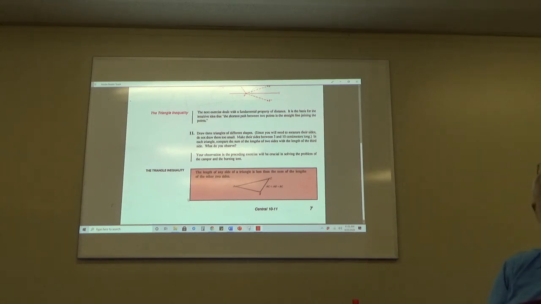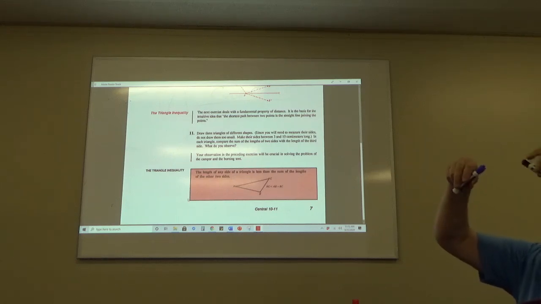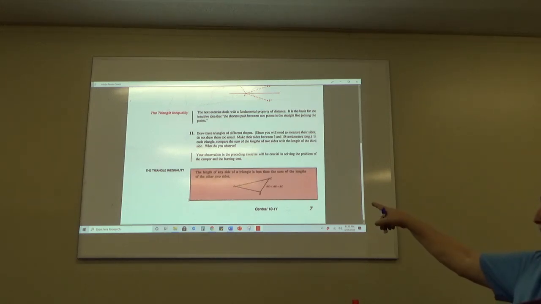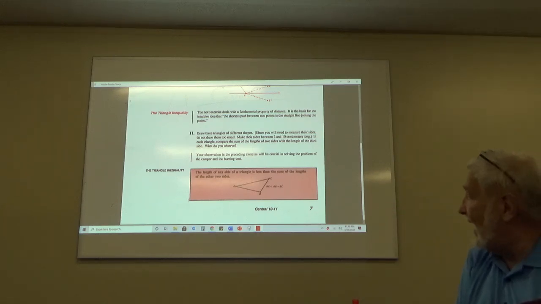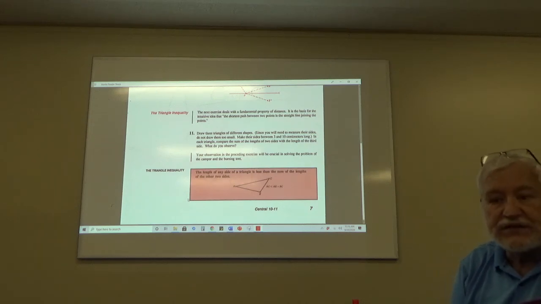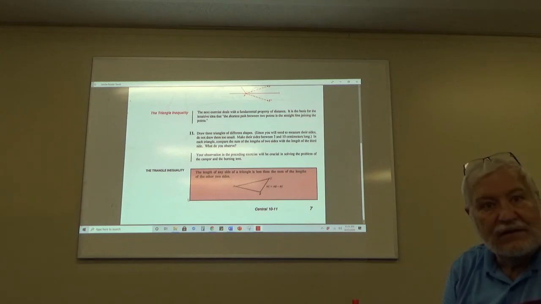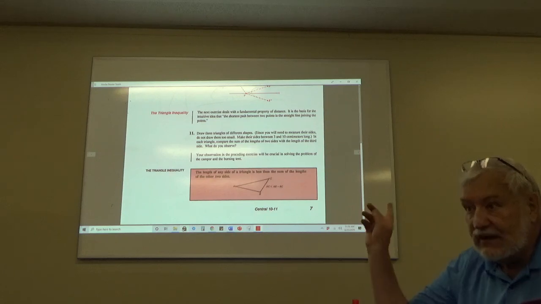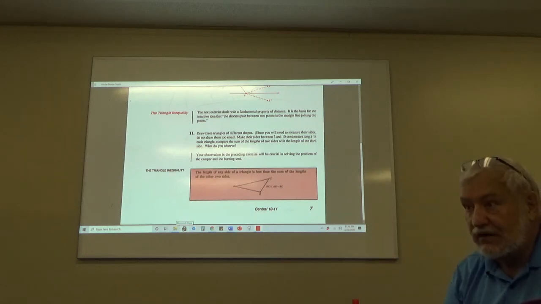The longest side of a triangle has to be shorter than the two shorter sides added together, otherwise you won't have a triangle because it won't prop up to make a triangle. So AC has to be less than AB plus BC, where AC is the longest side. Of course, if it's not the longest side, then it's obviously going to work out. Did you write that down? That would be a good thing to write down.